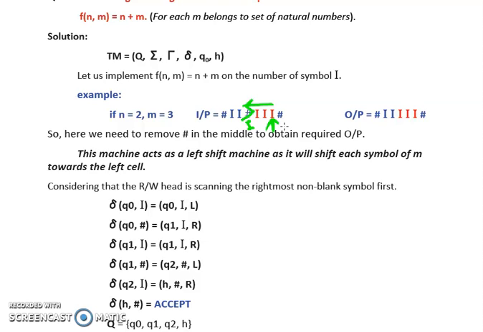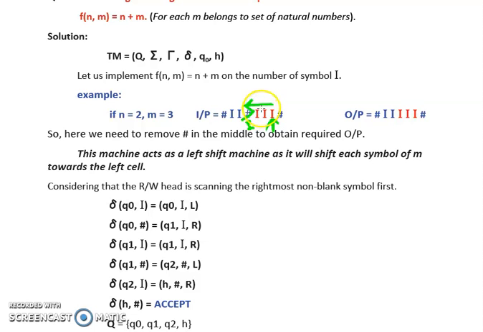Now it has to be clear to you that each and every I has to be replaced by I itself because at this point of time we don't want to do anything with any of the I's. So we are replacing each and every I by I itself, and once we have reached the symbol hash, we are going to change the state.